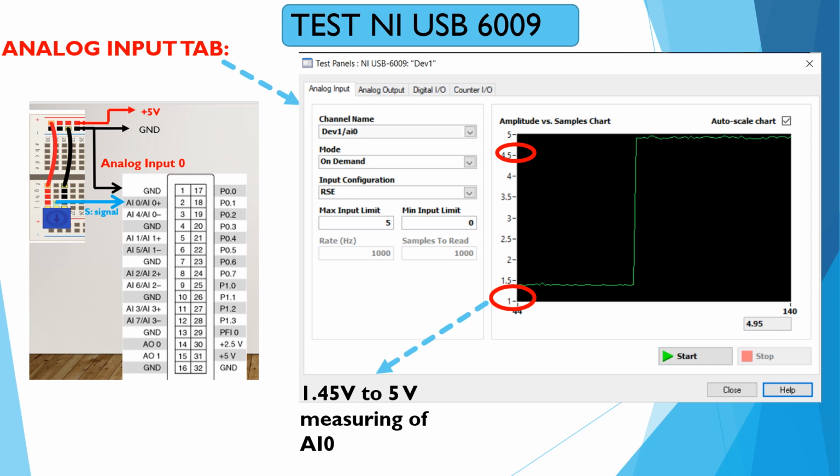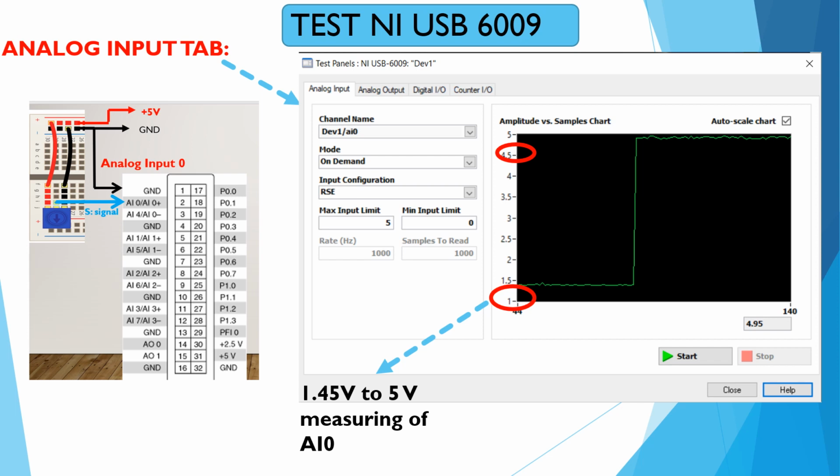What is the DAQ? What are the tabs in the DAQ? What is the analog input tab? What is the analog output tab? What is the digital input tab? And what is the digital output tab? And how can we configure a digital input, analog input, digital output or analog output in the DAQ to measure and test different types of sensor.